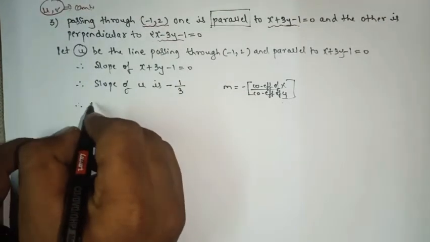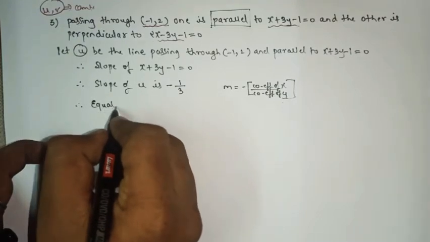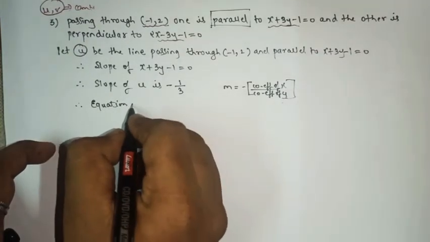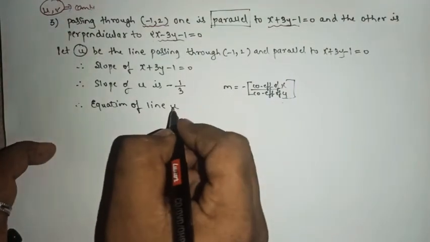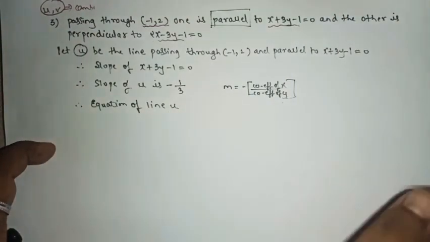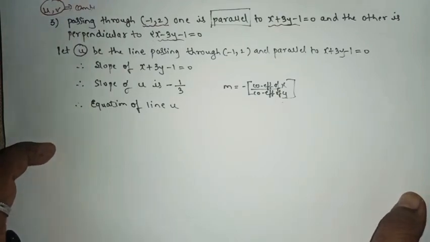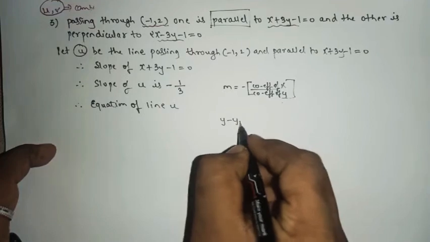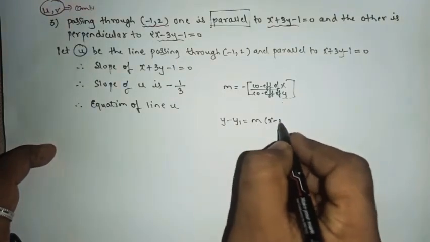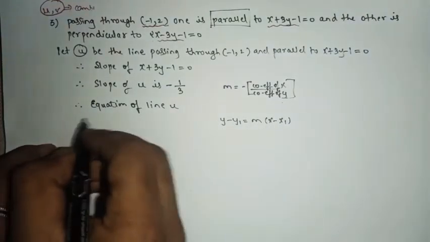Now we'll find the equation of line u, yes or no? By using the formula y - y1 = m(x - x1), the slope point form.